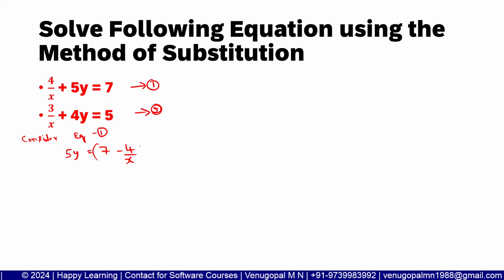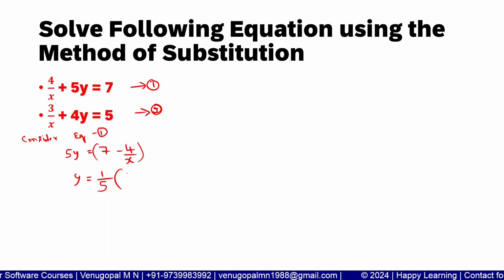This is what the value of y would be. We can move this 5 to the denominator, so y is equal to (7 minus 4 by x) divided by 5. Now let us substitute the value of y into equation 2.